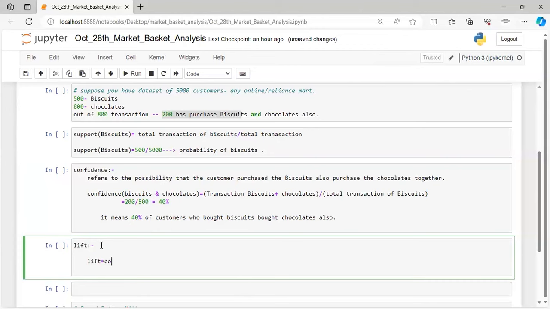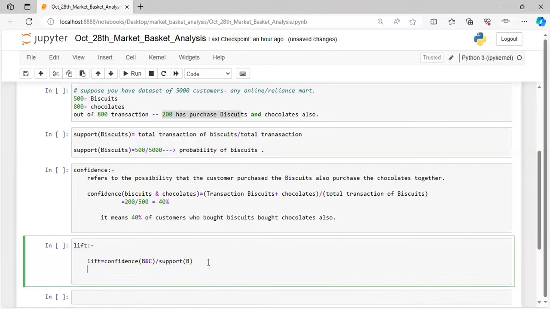It is the confidence of biscuit and chocolate, BC, divided by support of biscuit. This is the formula for the lift. So what is the meaning of lift here by looking at this formula?